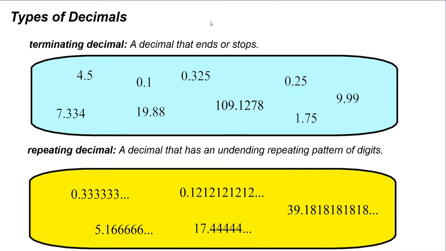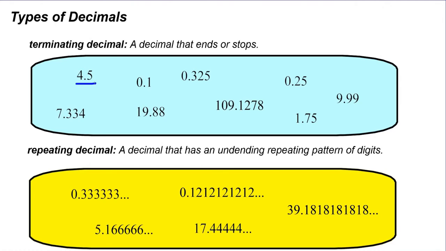So types of decimals, first of all, there are two types of decimals. There are terminating decimals and there are repeating decimals. A terminating decimal is a decimal that ends or stops. So the root word here is terminate, and to terminate means to end or to stop. So you can see examples here of decimal numbers that are terminating. That means they end or they stop.